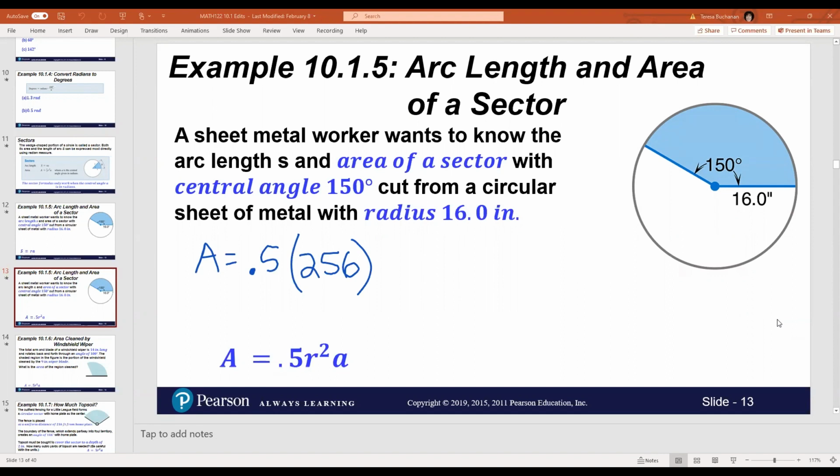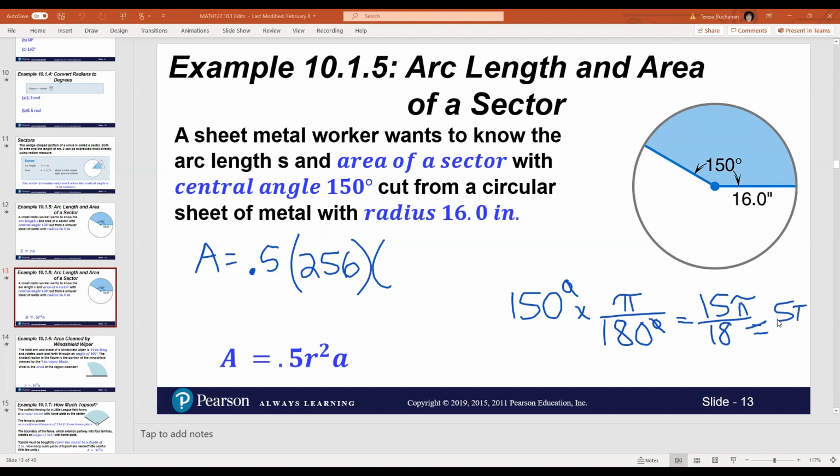And then the A, remember again that 150 degrees, when we converted that, this was that cancellation. We had 15 pi over 18, top and bottom, the 15 over 18 reduced by a factor of 3. So this was 5 pi over 6, if you remember from the previous slide. So this is 5 pi over 6. That's the A. We've substituted that in.